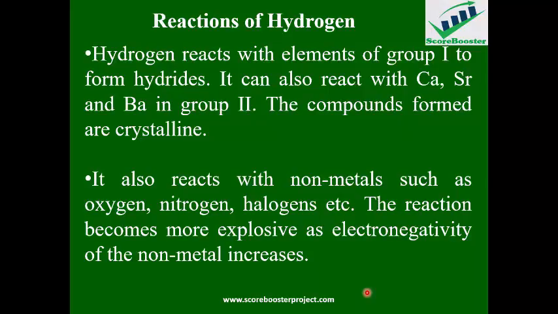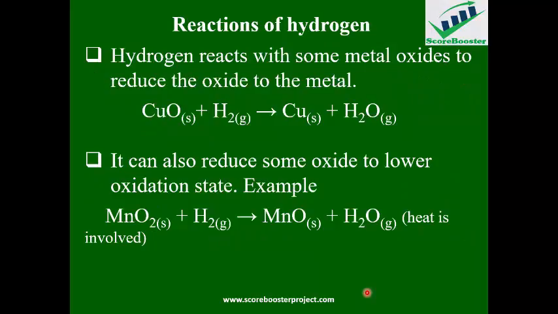Since the electronegativity of the non-metal increases the rate at which hydrogen reacts with that element, it should give a bell in our heads now that since fluorine is the most electronegative element, the reaction of hydrogen with fluorine will be the most explosive, because there's going to be a very large electronegativity difference, which makes this reaction explosive.